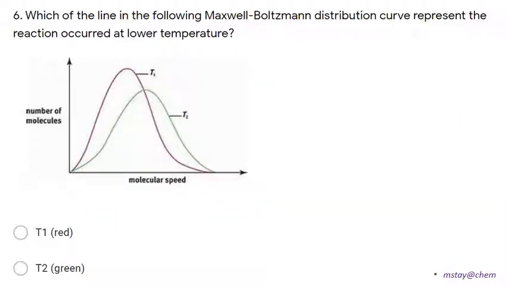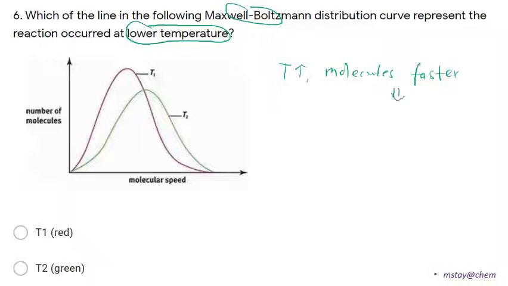Question number 6, related to the Maxwell-Boltzmann distribution. They ask us which one is at the lower temperature. In general, we know that if the temperature is increased, the molecules will move faster. If the molecules move faster, that means the kinetic energy is increased.